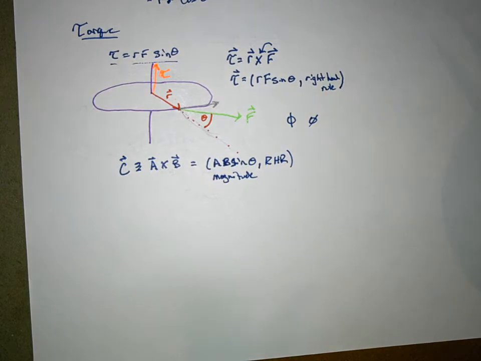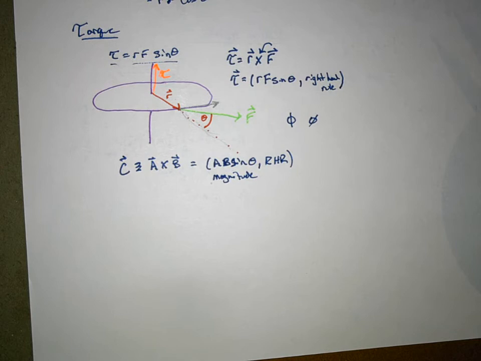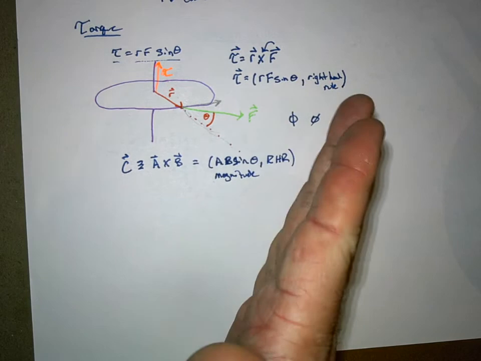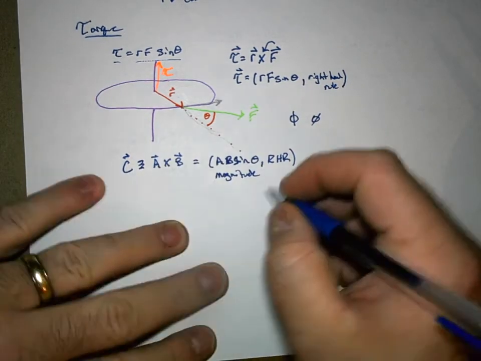Now we've been through this before, but the order of the vectors matters now, because it changes the direction of the vector if we aren't paying attention to which order it goes in. Your fingers start in the direction of vector A and curl into vector B. So let's draw this here. We have vector A.